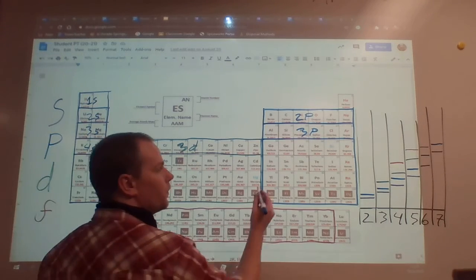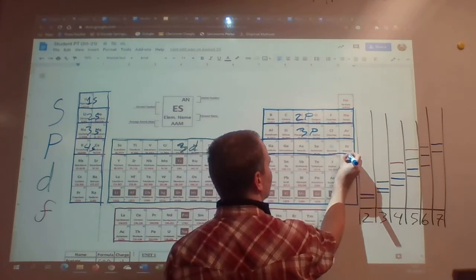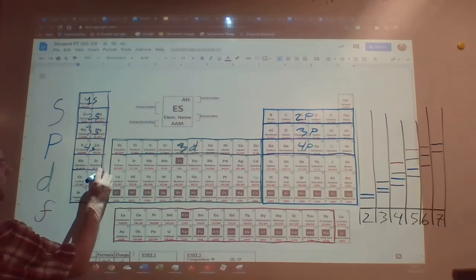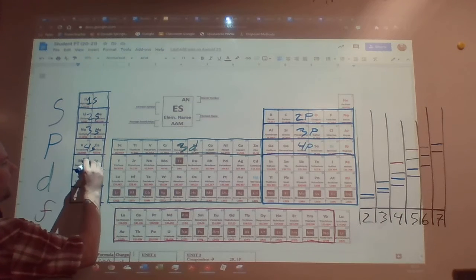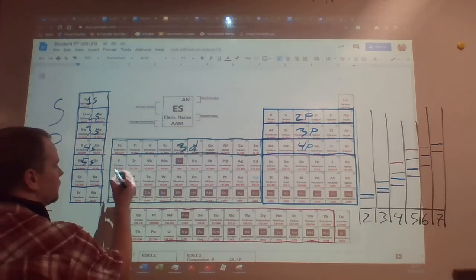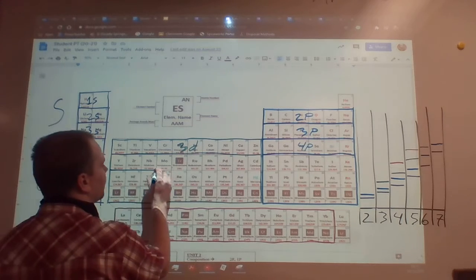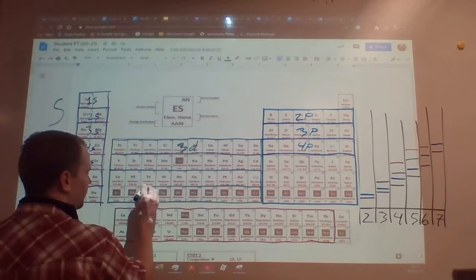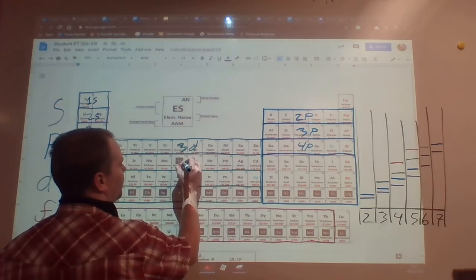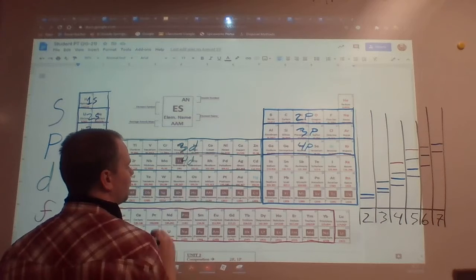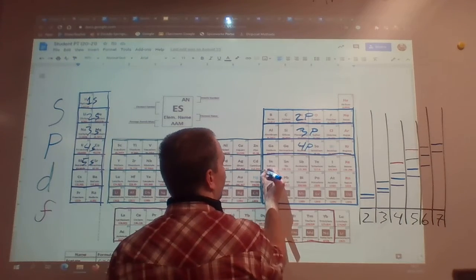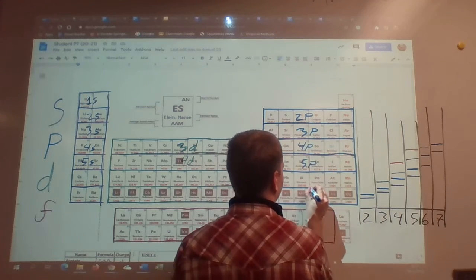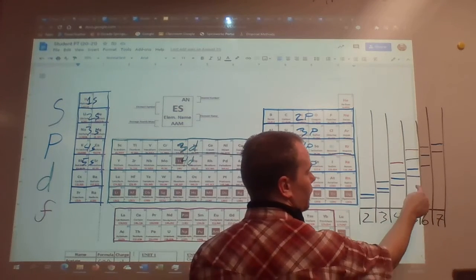After 3D comes 4P, then 5s, this is 3, so this has to be 4d, then 5p, and we're still going in the order of this.